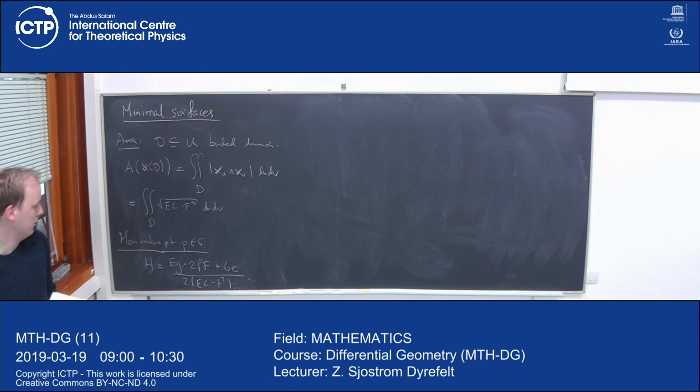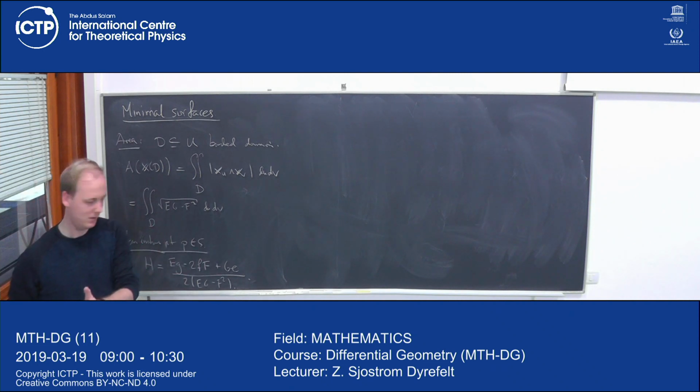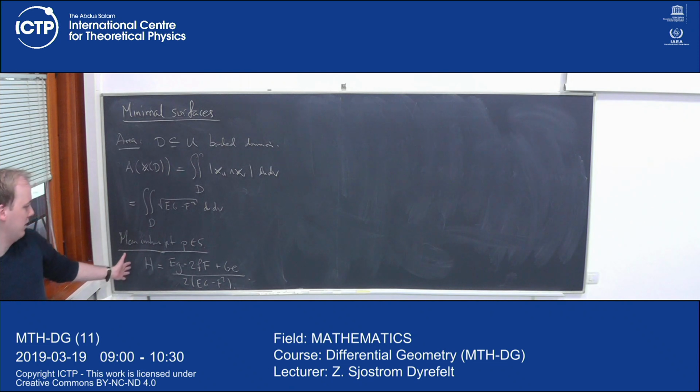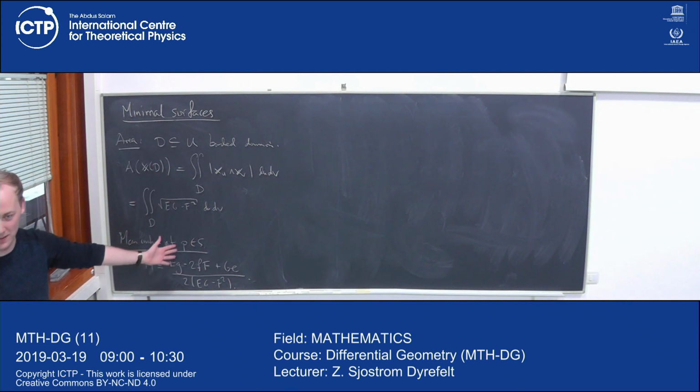Okay? So of course you have conceptually seen what this is. You look at the Gauss map, the differential of the Gauss map as a map from the tangent space of S to the tangent space of S. And then you take minus 1/2 of the trace of the differential of the Gauss map, and this is the definition of mean curvature. So you will have seen this, so I won't recall it.